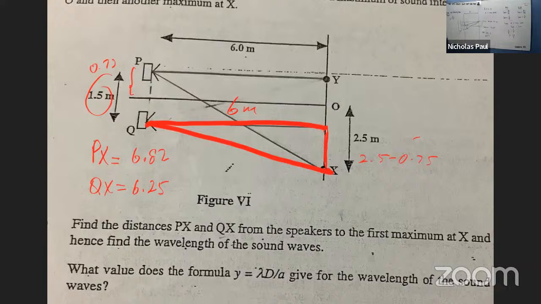Because remember, here plus here is 1.5. The two speakers, speaker 1 and speaker 2. The distance between them is 1.5. And the center is in the middle of the two of them, so it's half of it, yeah.